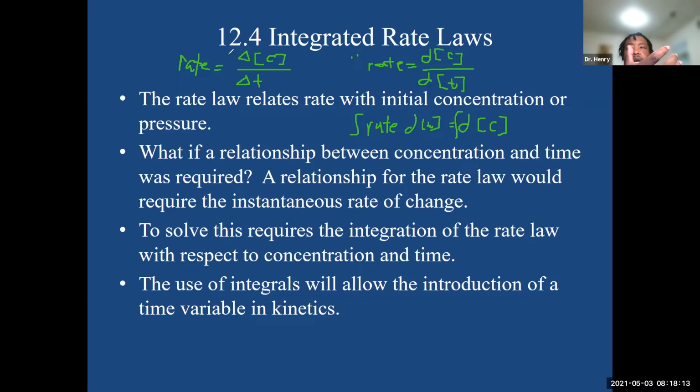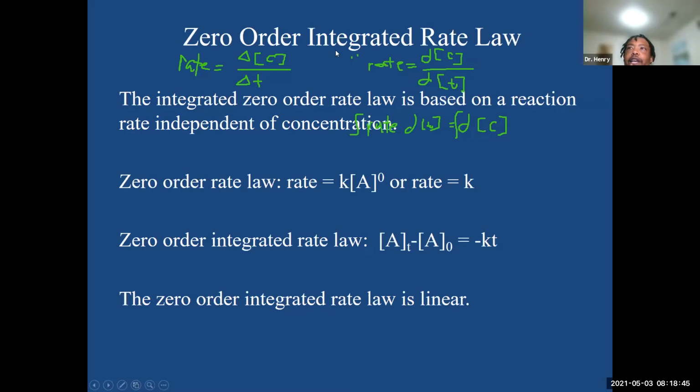This integral allows us to look at the rate law in terms of the concentration as a function of time. It allows us to put time into the equation itself, rather than just looking at it in terms of the experimental analysis. So we're able to establish a function once we get that rate law established. Let me show you what I mean without going into too much calculus, because we're not ready for that yet.